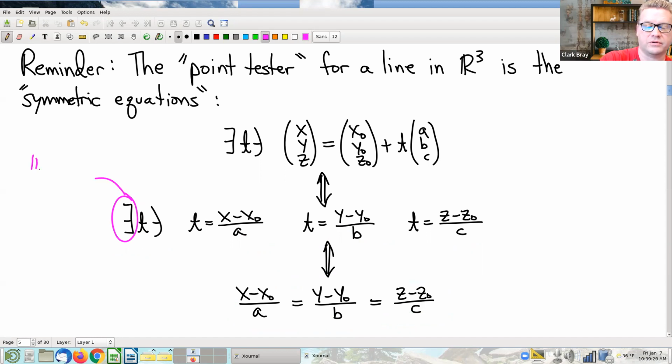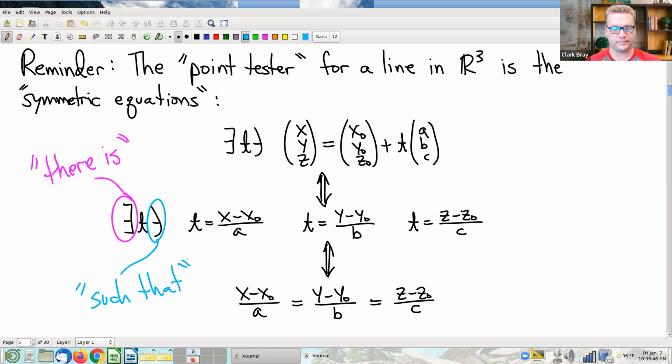This is shorthand for there is or there exists. And this is standard mathematical shorthand for such that. So it's just shorthand. Yeah, good question. Thank you for the question. I'm sure other students didn't know that as well.